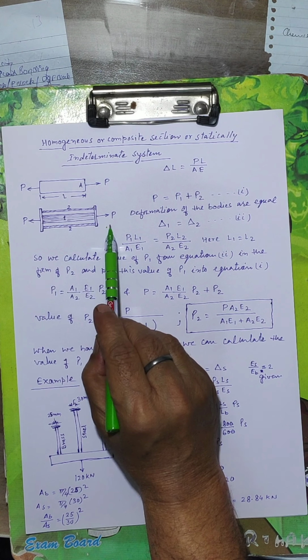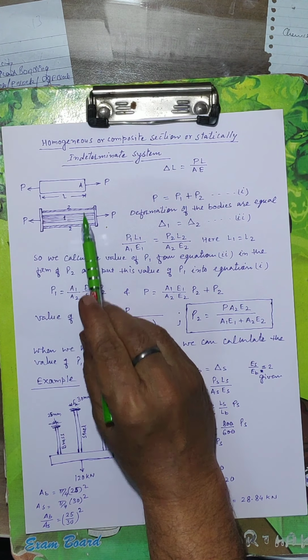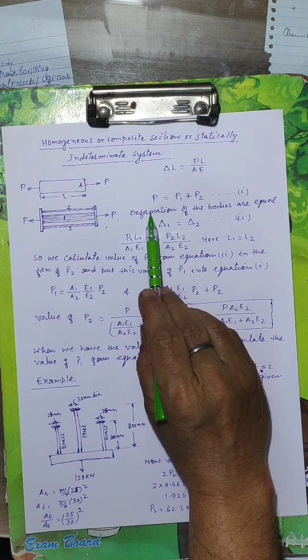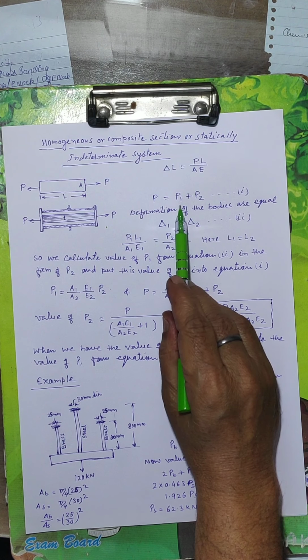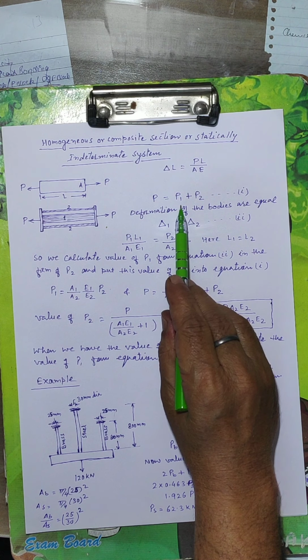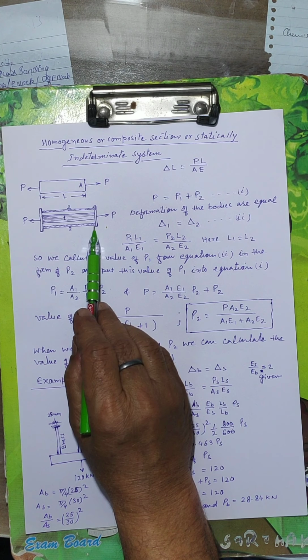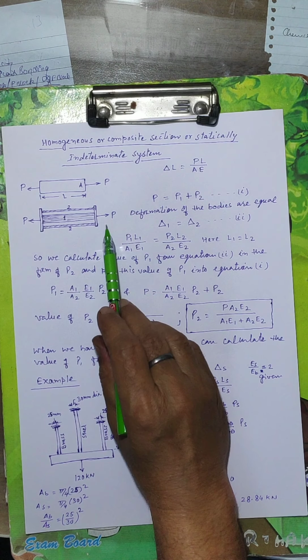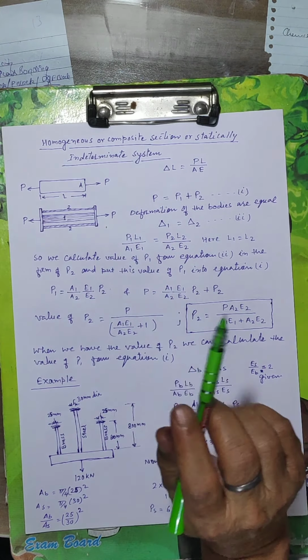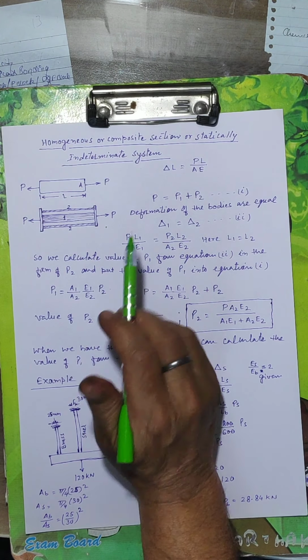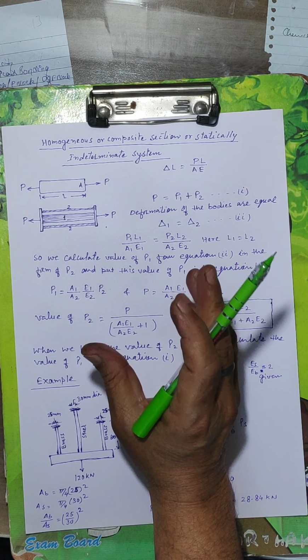This P is acting on material 1 and material 2. So the first equation is that the total load is shared by material 1 and material 2. Lengths are the same. External force is P.